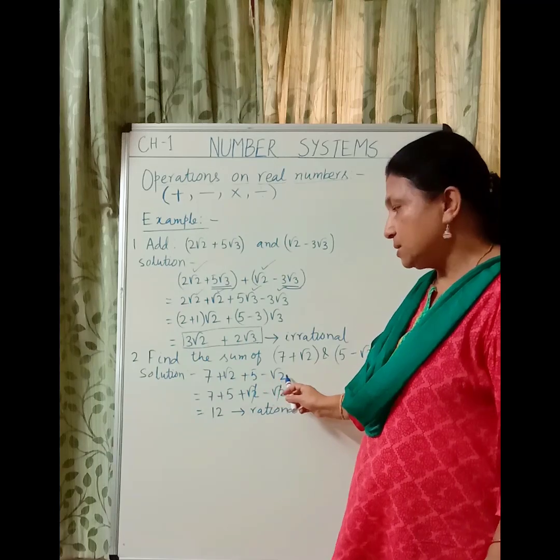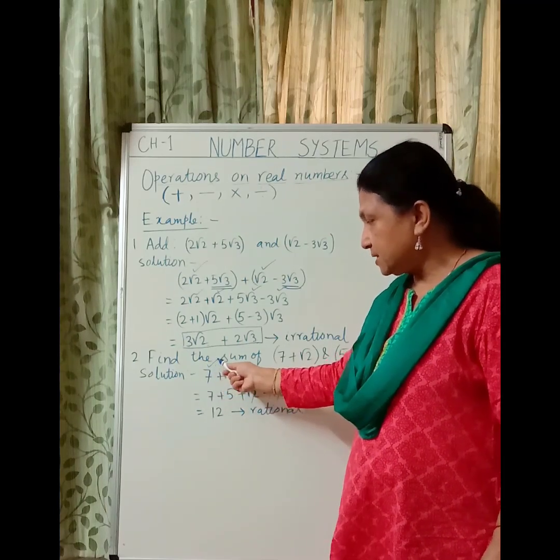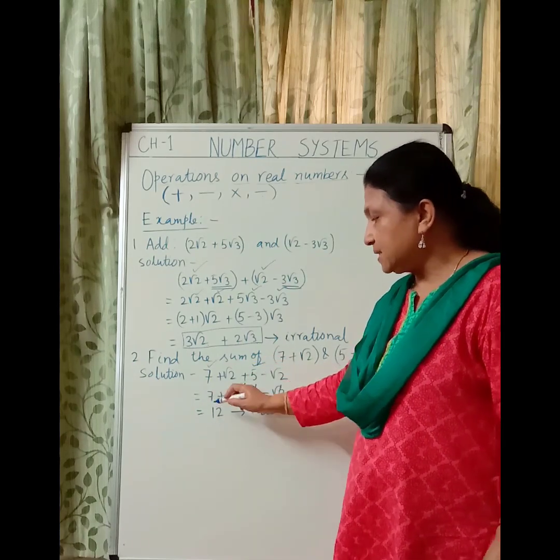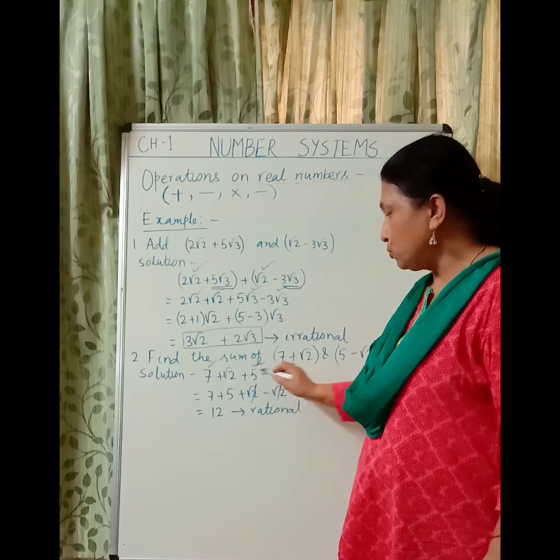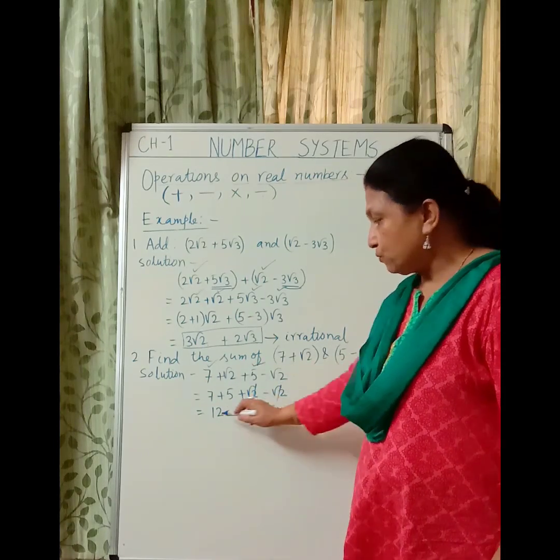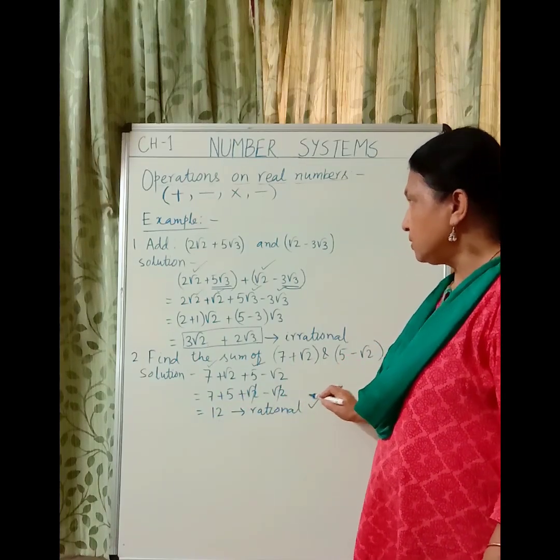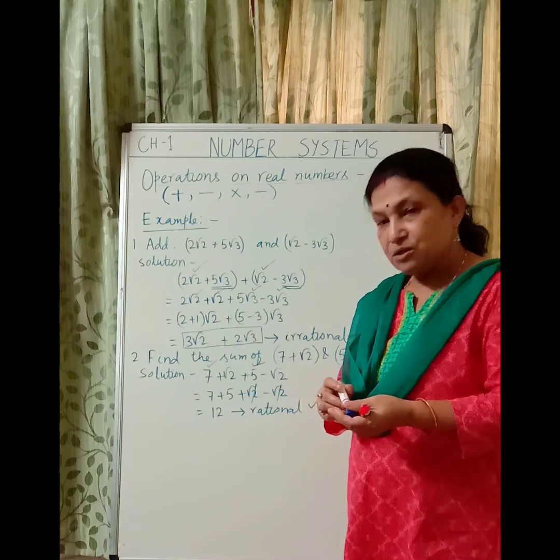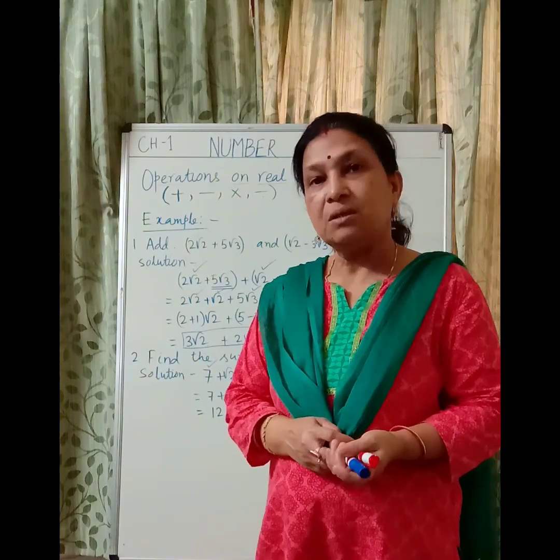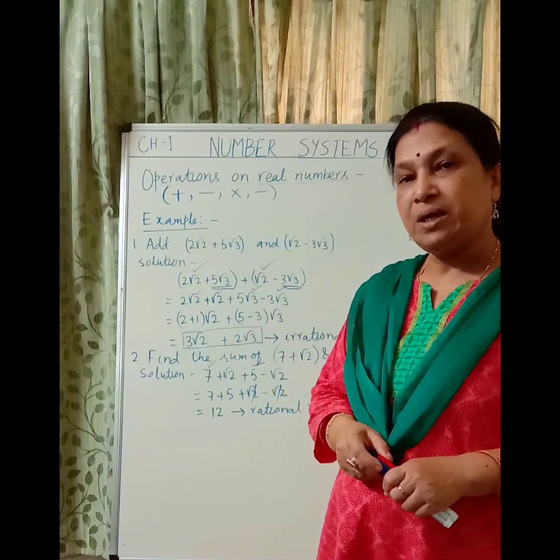By adding both these irrational numbers, 7 is a rational number, 5 is also a rational number. We take 7 plus 5, and root 2 minus root 2 is 0. So finally 7 plus 5 is 12, which is rational. So when we add, subtract, multiply or divide irrational numbers, the result may not always be irrational. Sometimes it may be rational.